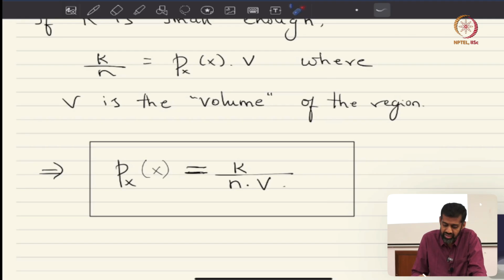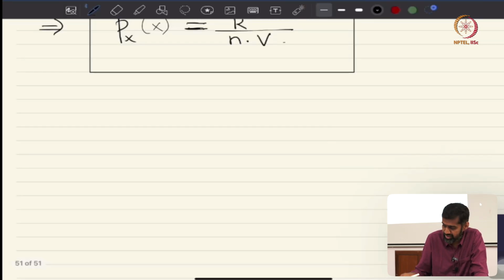This x, where the density function is being evaluated, is the point around which you construct this volume, and you assume that within that volume the density function is a constant. Now let us formalize this idea and write it for the d-dimensional space.